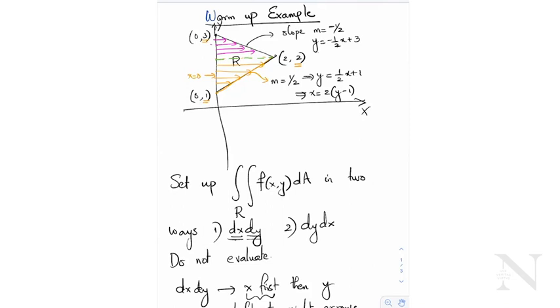And I hope it satisfies the point 2, 2 as well. When you plug in x equal to 2, you get 3 minus 1 equal to 2. So from this equation, you get x equal to 2 times y. I was about to write 2 times y minus 3, but it's not exactly true because of the negative slope. So it's going to be 2 times 3 minus y.